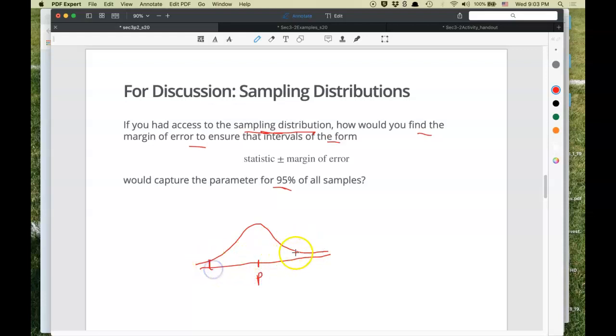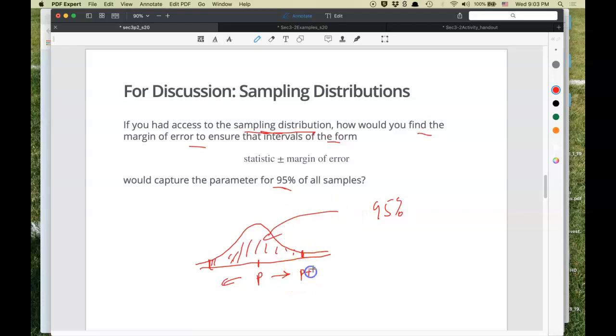But remember, one thing that we found out about in Chapter 2 was the 95% rule. It said that if we go 2 standard deviations either side, 95% of the data would fall within that range.